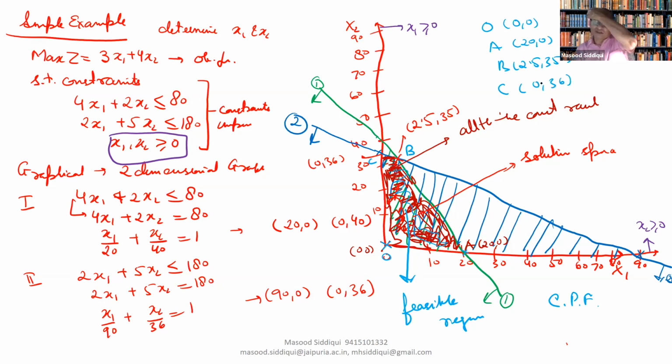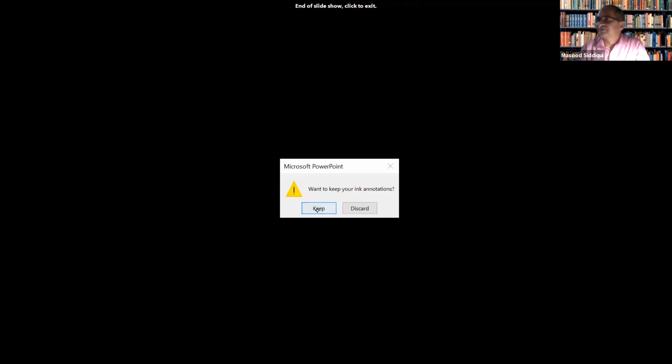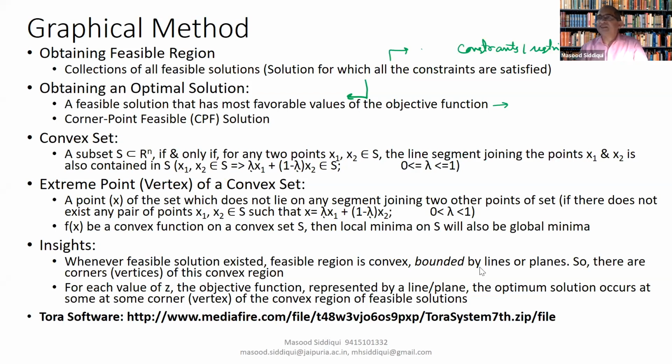These are the corner points that we are going to consider.